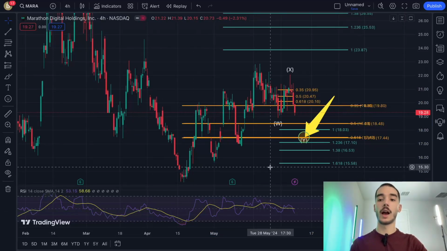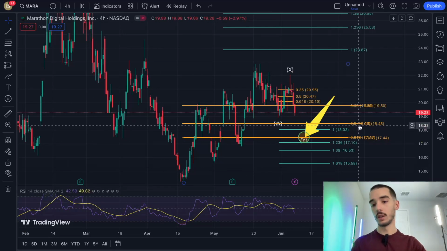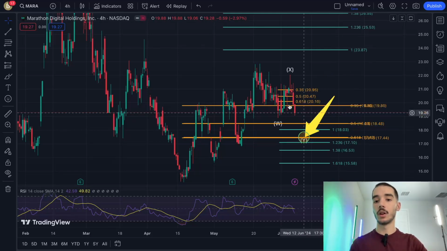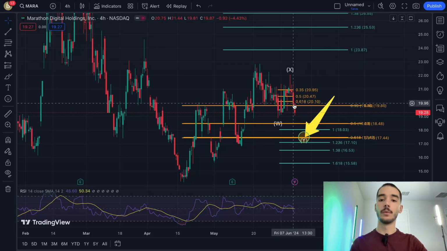Now, I prefer support being between 0.5 and 0.61. It's not a deal breaker, although there's more downward pressure just because I usually find support more in this area. So I'm very much more biased towards this filling in.